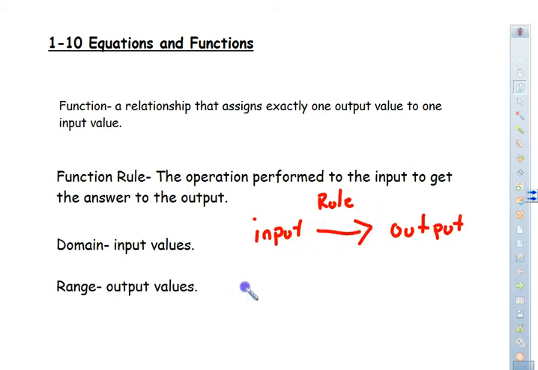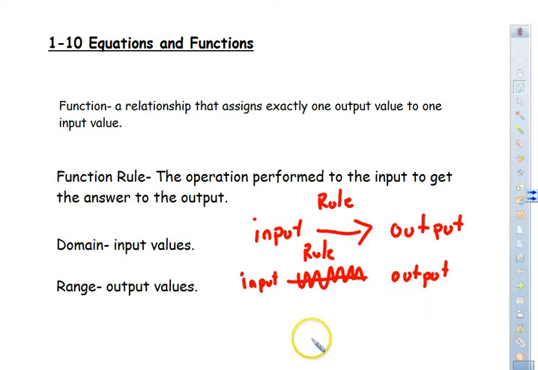We've got the input, and it's going to go into that machine, and it's going to do all kinds of different things inside, it's going to do whatever the rule is telling it to do, and then the final product will be that output.